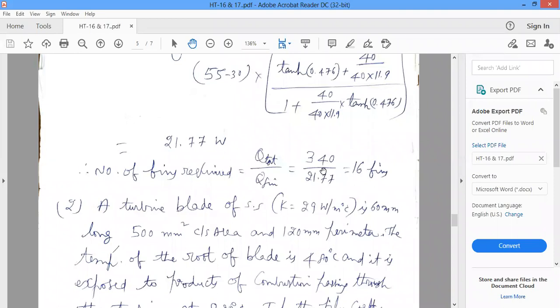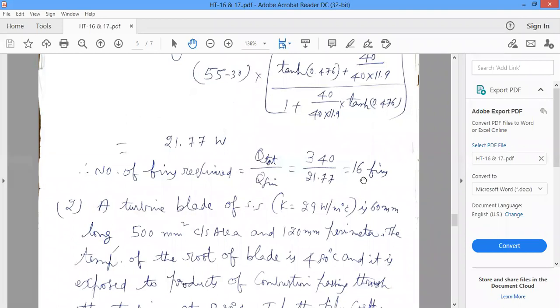That's why, how many fins are required? How do you calculate? By dividing 340 with 21.77. It will be approximately 16 fins.